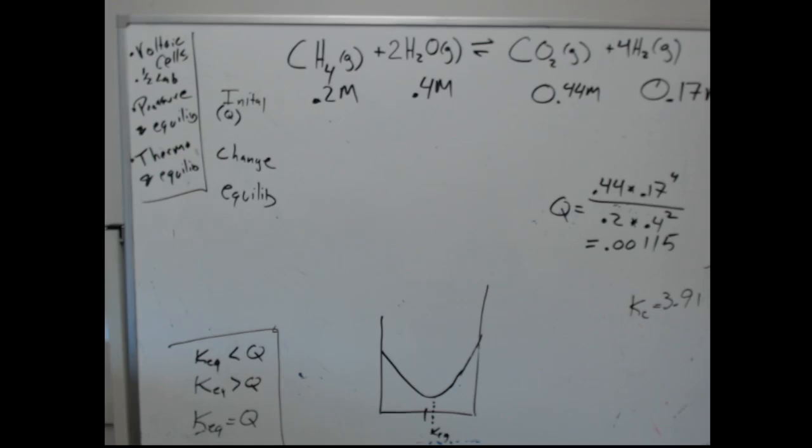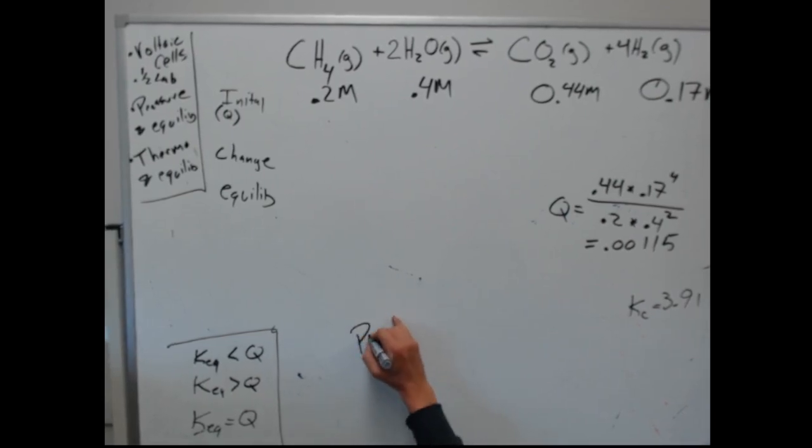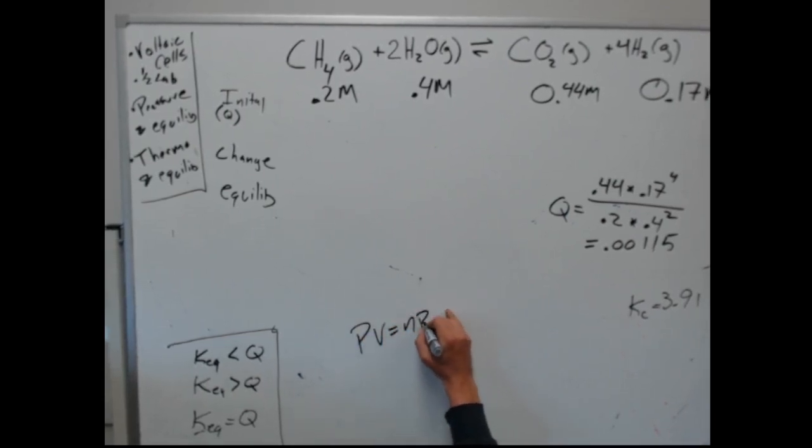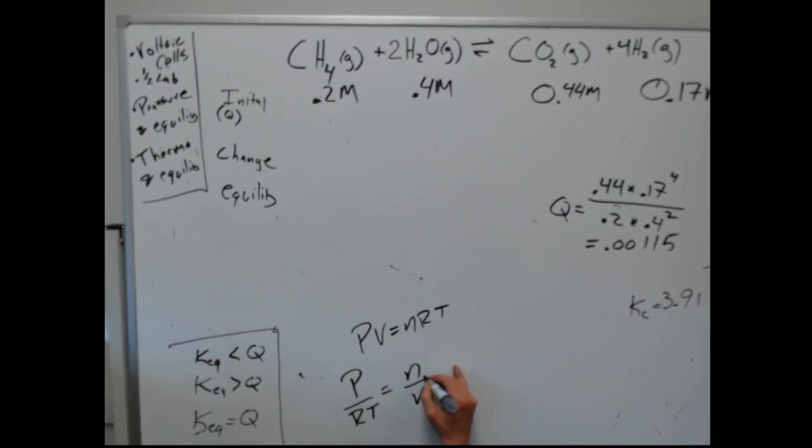So, forgetting this for a moment, if we're thinking about just how the pressure change goes, we've got PV equals nRT. We can essentially set up a kind of concentration thing where pressure over RT is equal to moles over volume. So let's just do it for CH4.